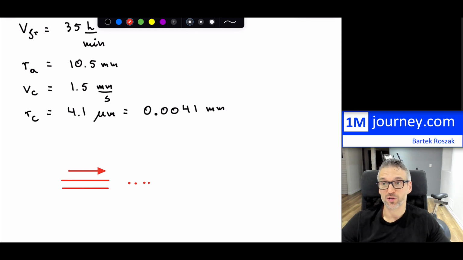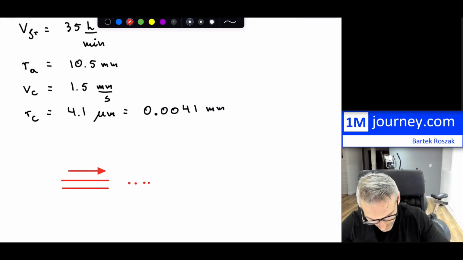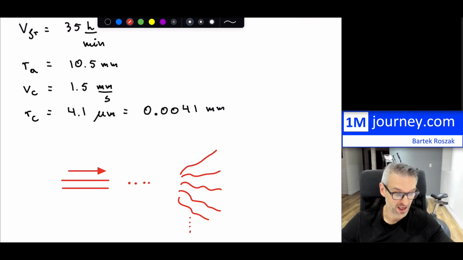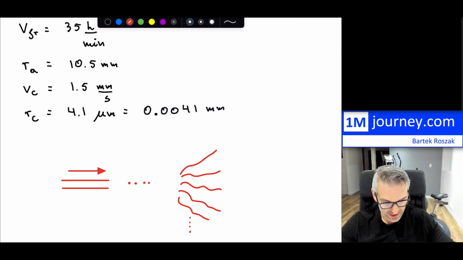We make the assumption that that volume flow rate has to continue on. Of course, it's going to split, and eventually there are going to be all of these capillaries. As you will see as we do calculations, there are billions of these things.